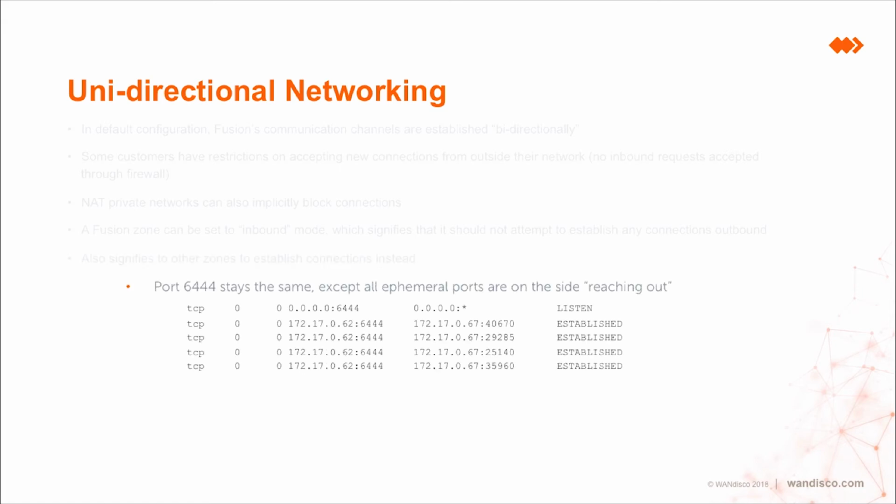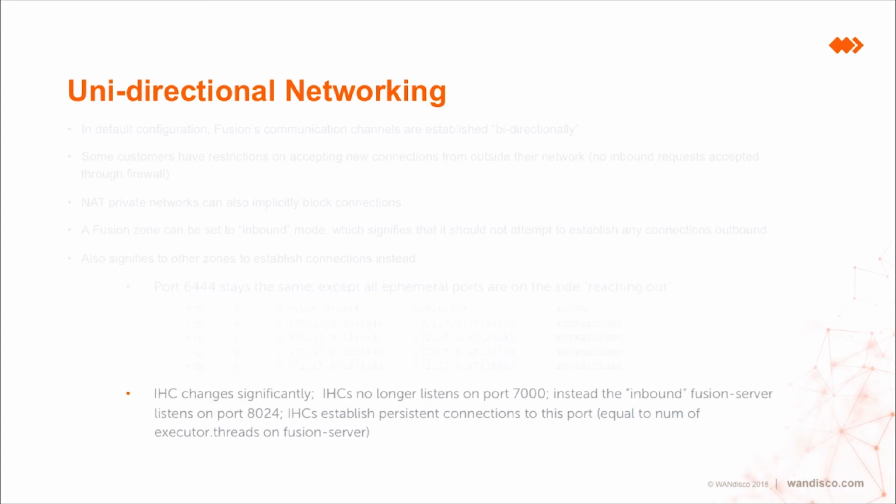So for example, port 6444, the DConE, stays the same except all ephemeral ports are on the side reaching out. IHC changes significantly. IHCs no longer listen on port 7000. Instead, the inbound Fusion server listens on port 8024.